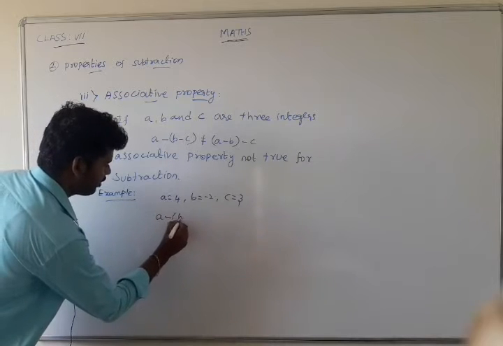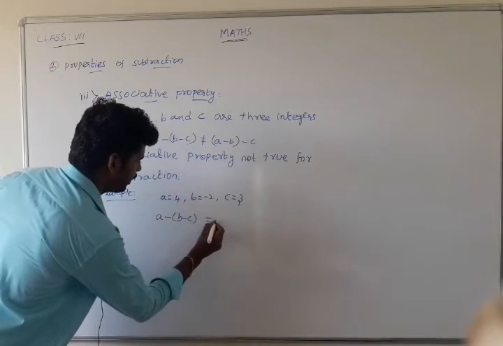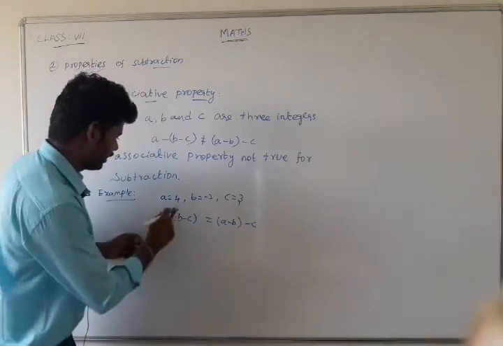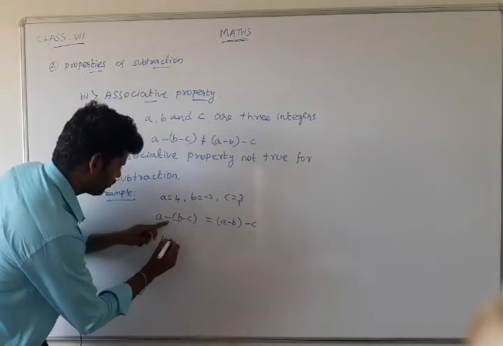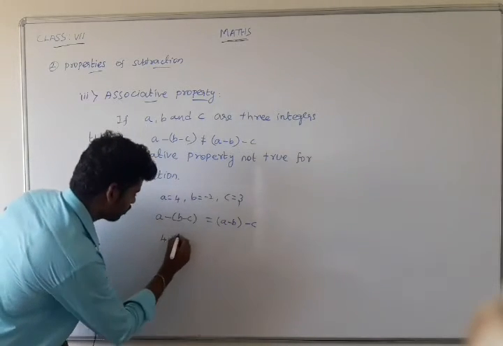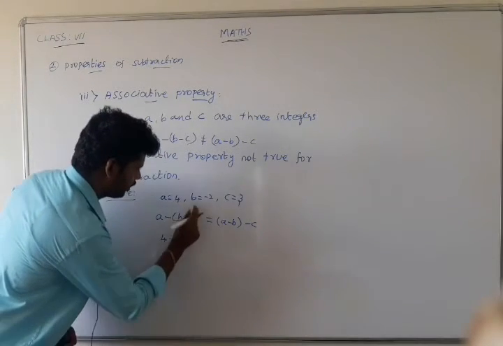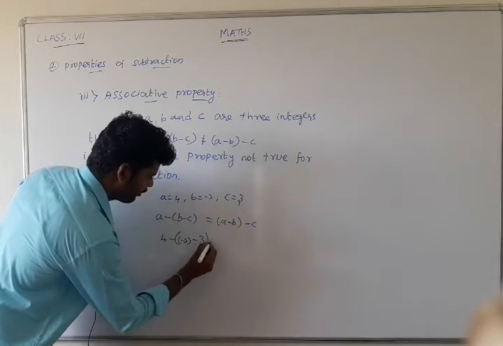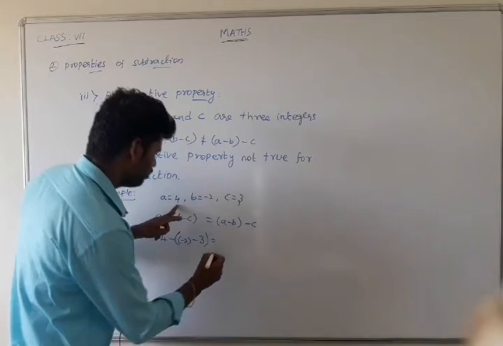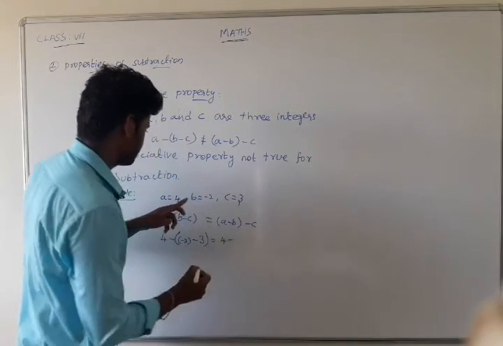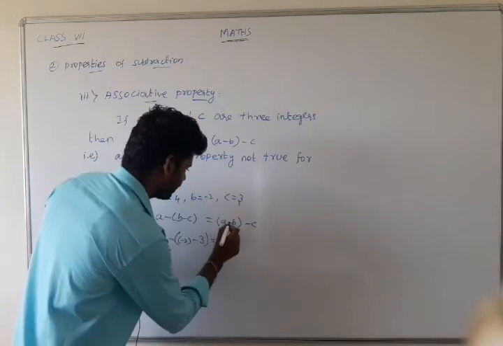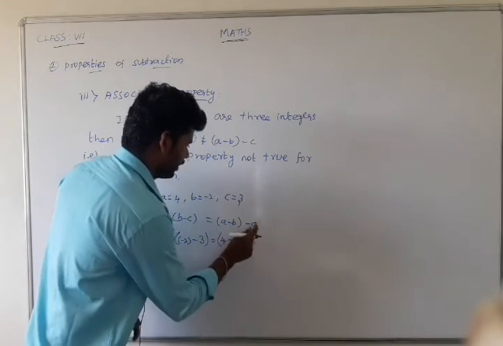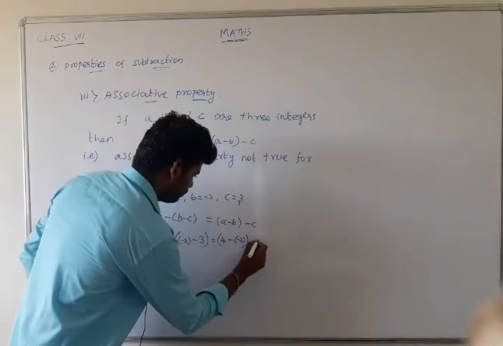A minus (B minus C) equal to (A minus B) minus C. A value 4 minus B value minus 2, next minus, 3 is the C value. A value 4 minus B value minus 2; already minus is there, so minus 2, minus C value 3.